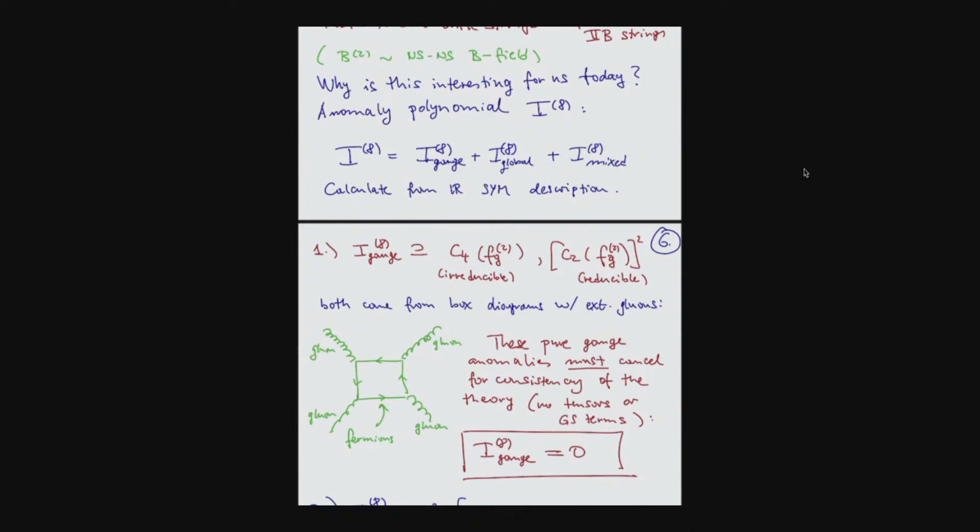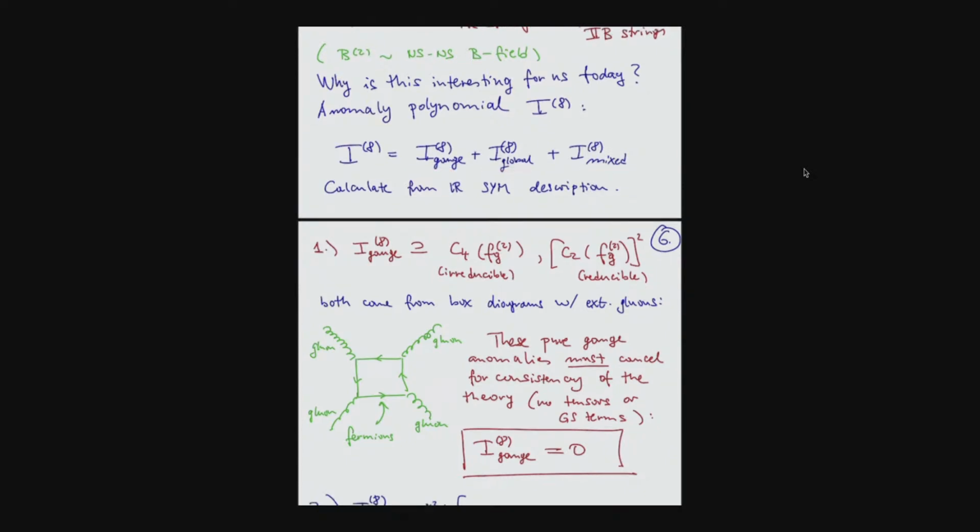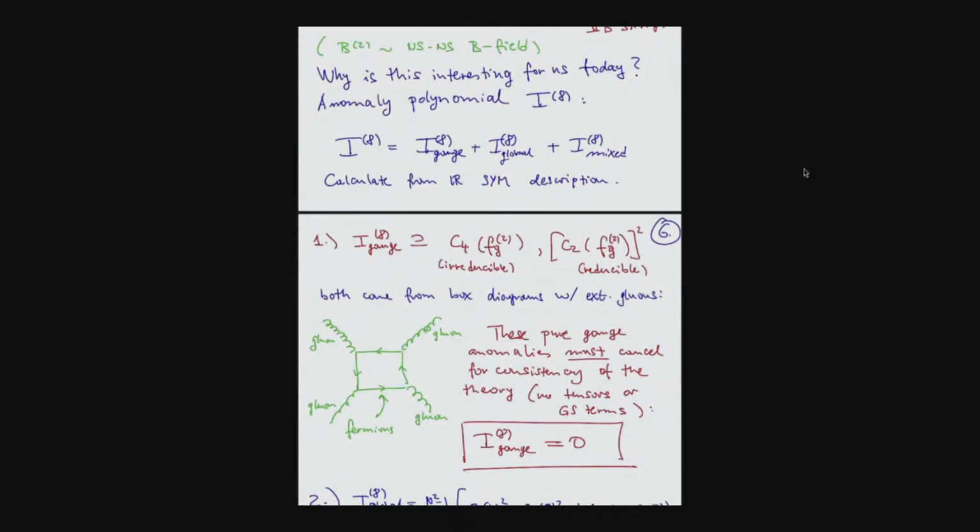I'm going to look at different terms in this anomaly polynomial and give them some interpretation. I'm going to call the 3 parts that we're going to discuss in turn I_gauge, I_global, and I_mixed. And these anomalies can be calculated easily from the SUSY Yang-Mills description in the infrared, because they only get contributions from massless particles.